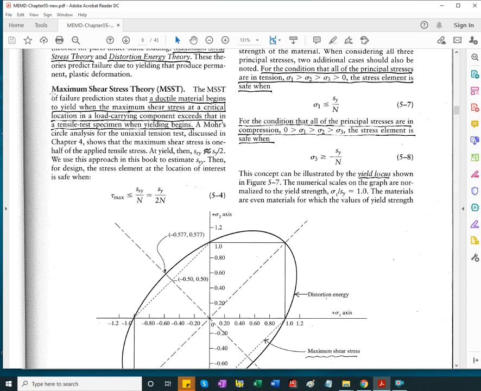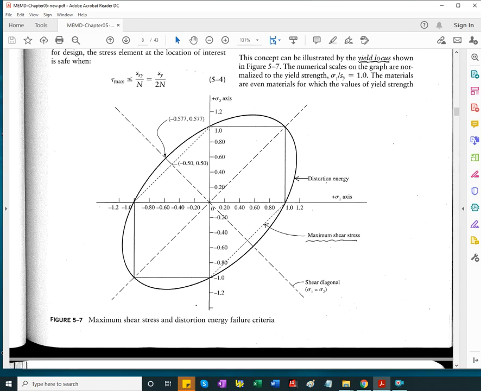For the maximum shear stress theory, the boundary is this hexagon. The limits of the hexagon, on normalized axes, you can see here 1. These are the yield strength in tension, and likewise negative values. Ductile materials have the same strength in both tension and compression. That's why the figure is symmetric.